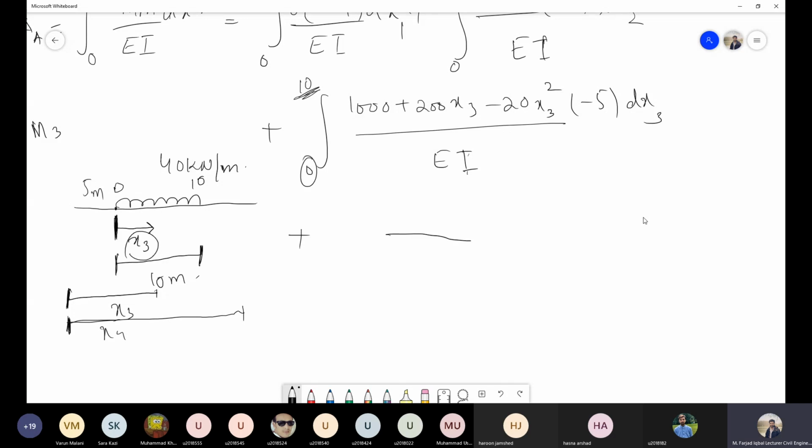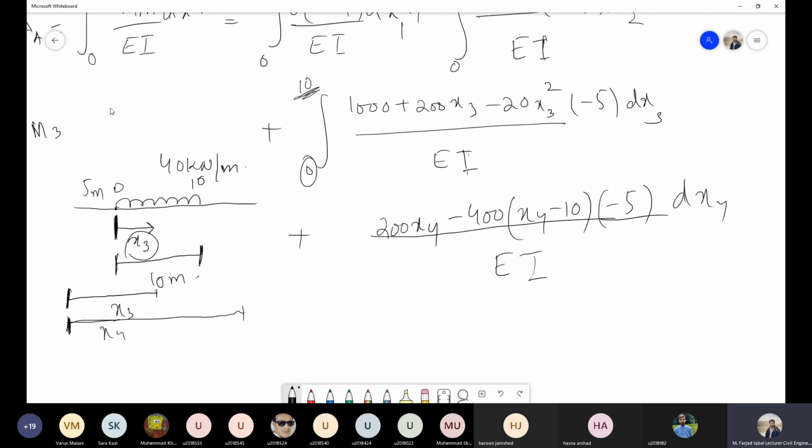So what will be our equation for x4? The moments are, I'm directly writing the equation, that will be 200 into x4 minus 400 into x4 minus 10, minus 5 over EI into dx4.